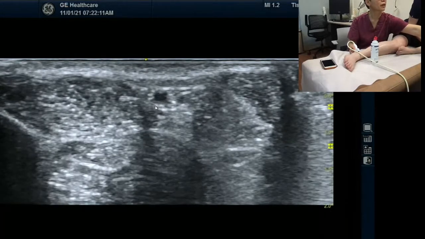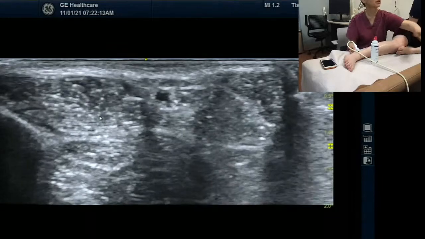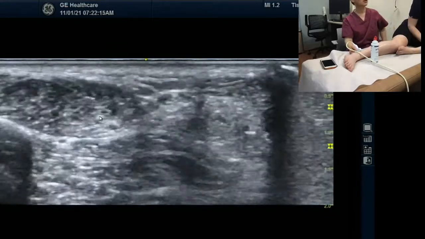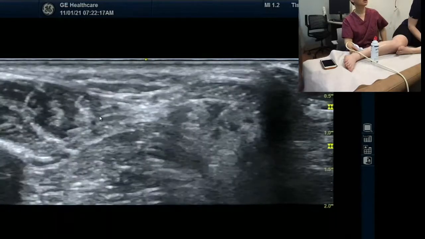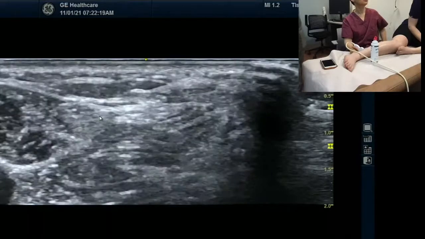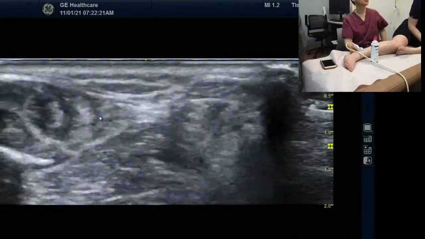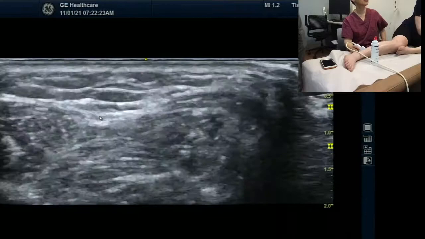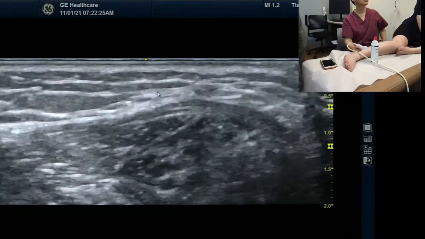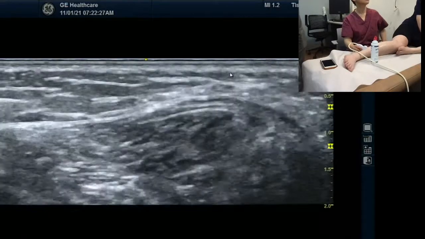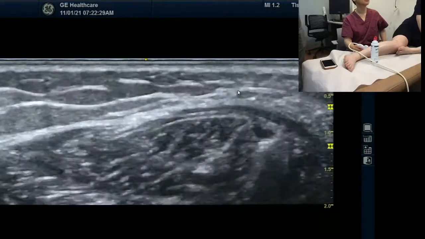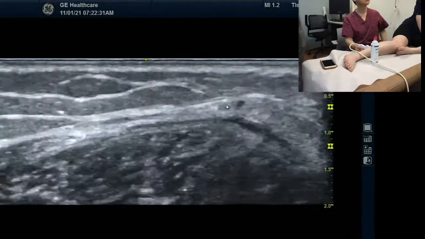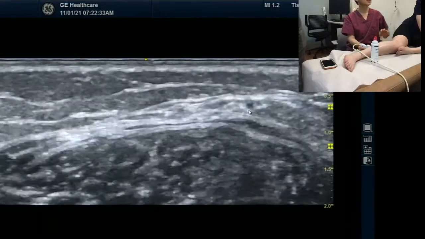The small saphenous vein is close to the peroneus brevis. See now it's moving. It's going into the subcutaneous tissue, right? You see? See over there, that's the sural nerve.